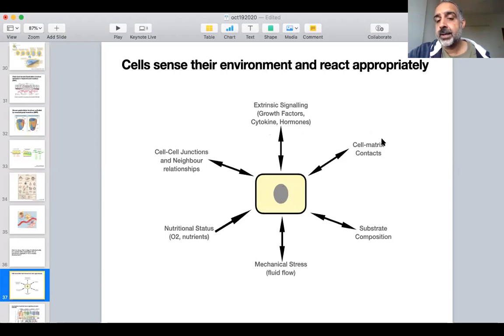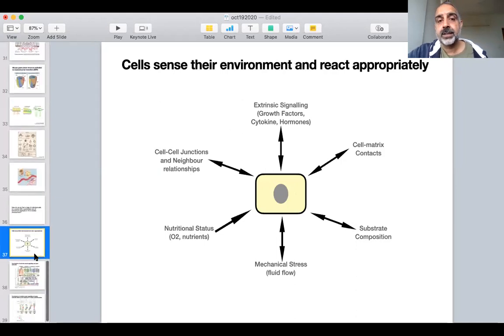The cell's contact with its matrix, either basal lamina or extracellular matrix. What's in the substrate? What's in the basal lamina? What's around? What molecules are in the ECM? Mechanical stress, nutrition, of course, plays a vital role, and then cell-cell junctions and neighbor relationships also play a role in influencing how the cell reacts and how it behaves.